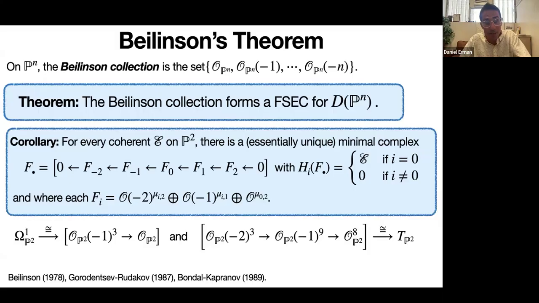At the bottom, I have two examples: what does this complex look like for the cotangent bundle, and what does it look like for the tangent bundle? You can immediately, from those representations, compute things about the space of global sections. For the tangent bundle, the corresponding complex has 8 copies of O in position 0, and if you know the yoga of this game, that tells you the tangent bundle has 8 global sections.